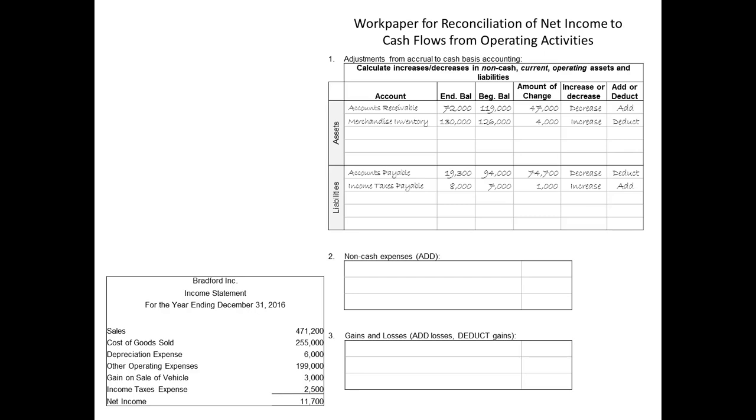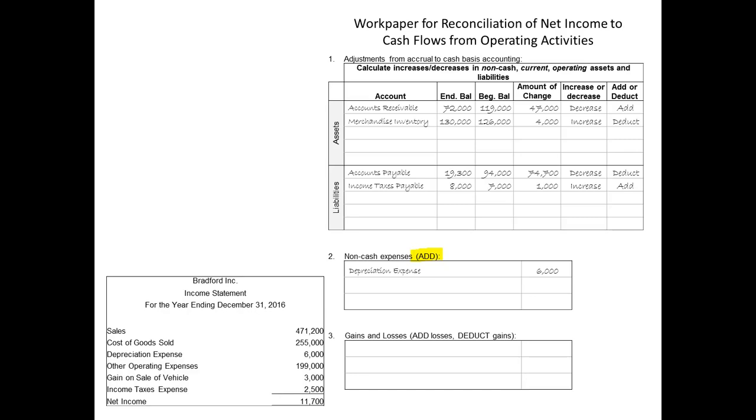Yes, Bradford had $6,000 of depreciation expense for the year, so we'll enter it in our work paper. Notice that the work paper tells you that you will add non-cash expenses in the reconciliation. This is because we are trying to move from net income, which has been reduced by depreciation expense, to cash flows which have not been reduced for depreciation expense. So we have to add non-cash expenses.